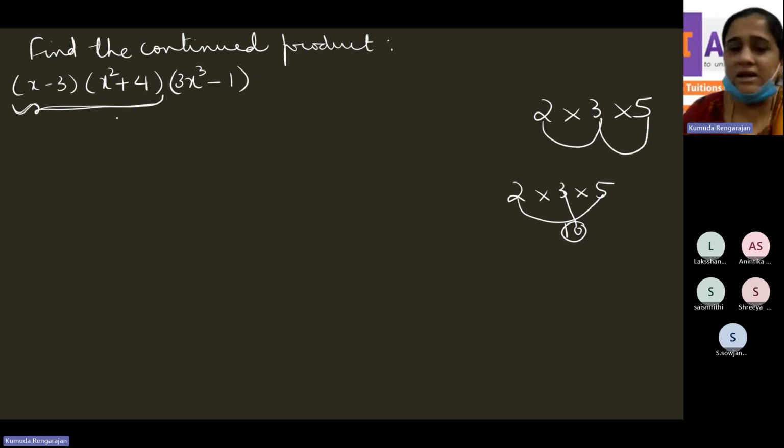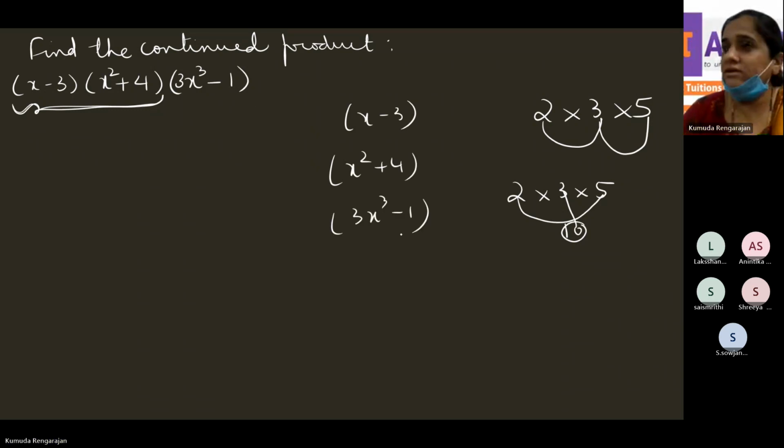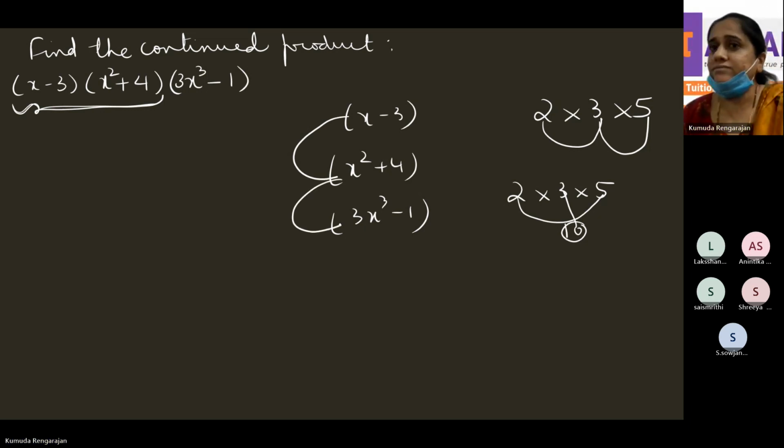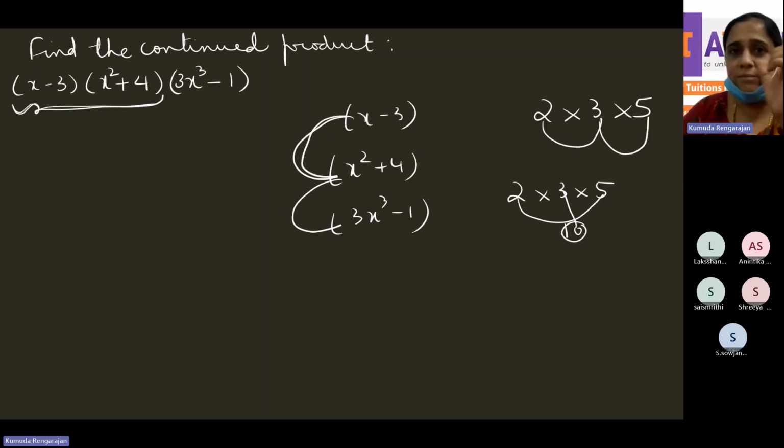There are three terms here: x minus 3, then x squared plus 4, and 3x cubed minus 1. You need to multiply x minus 3 with x squared plus 4 and 3x cubed minus 1, but you can multiply only 2 at a time. So multiply these two, get the product, and that product has to be multiplied with this to get the final product.